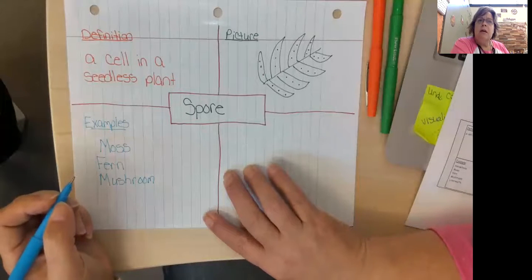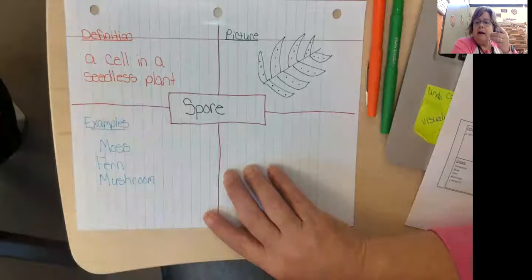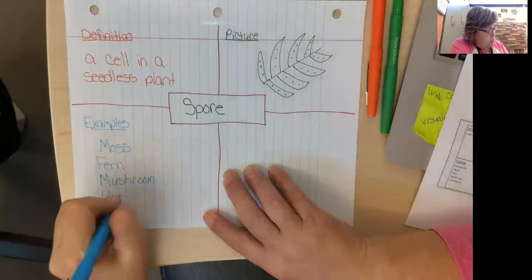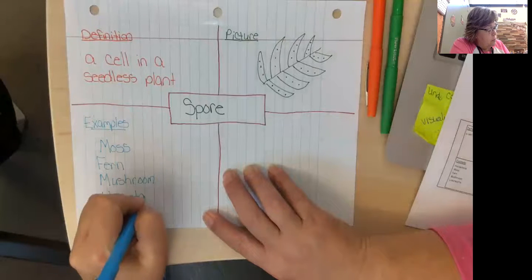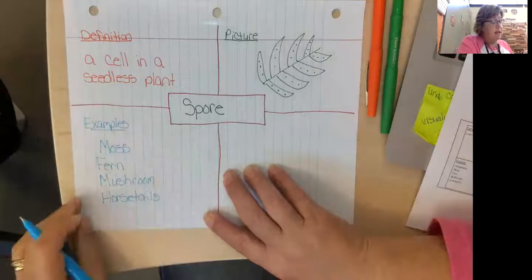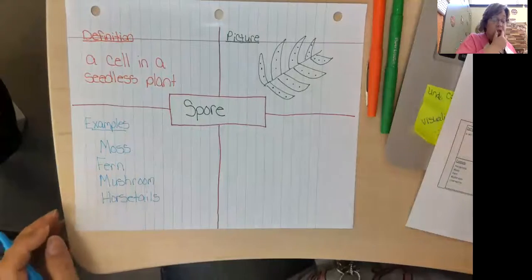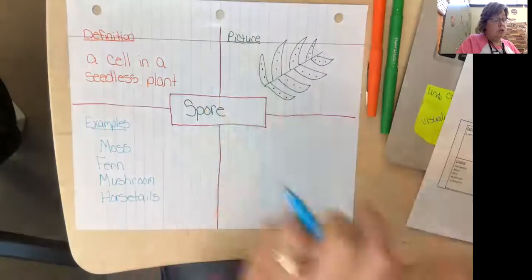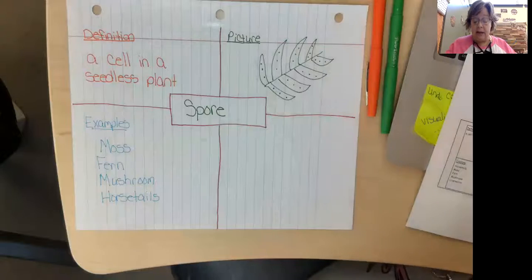Those are those fuzzy looking tall plants that you see around water. So if you were to find any of these and look at them, you would see that they don't contain seeds. They contain spores, and that is how they reproduce.